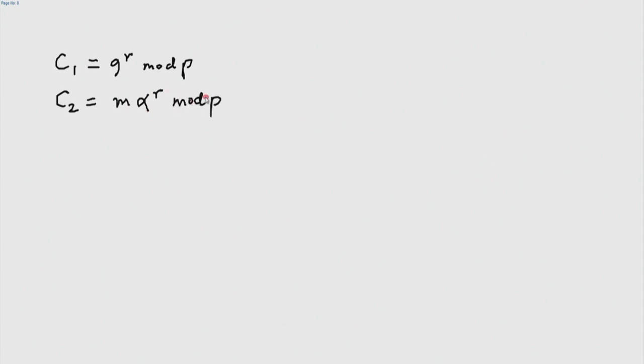So these are the two equations we wrote down. Now suppose I use the same random number twice. So I have two different messages, M and M prime, and now I've got two pairs of ciphertext, C1 prime and C2 prime.